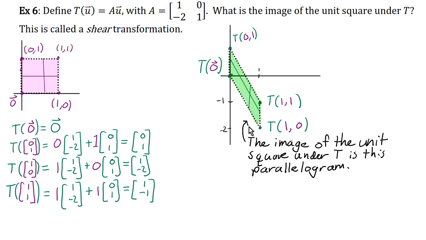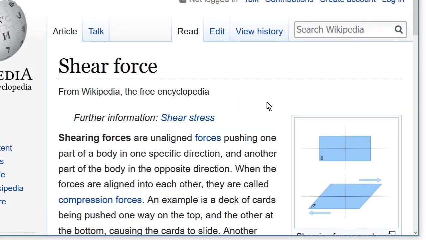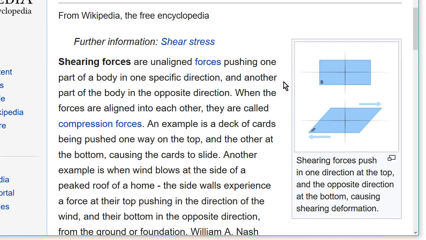It is related to shear forces that you might have learned about in an engineering class or maybe physics. It's also related to actual shears, meaning scissors. So here's the Wikipedia page to explain what shear means in more detail. They also talk about wind shear in meteorology, for example with hurricanes. Wind shear helps stop hurricanes. Anyways, shearing forces are unaligned forces that push one part of a body in one direction and another in the opposite direction.